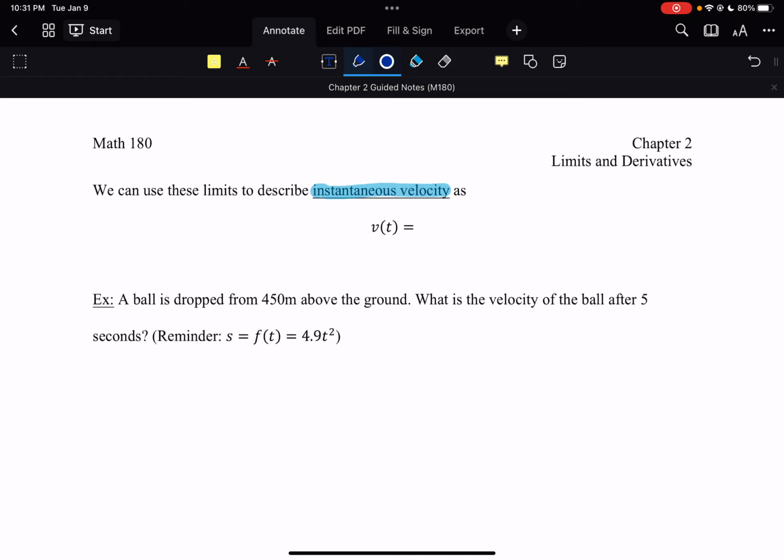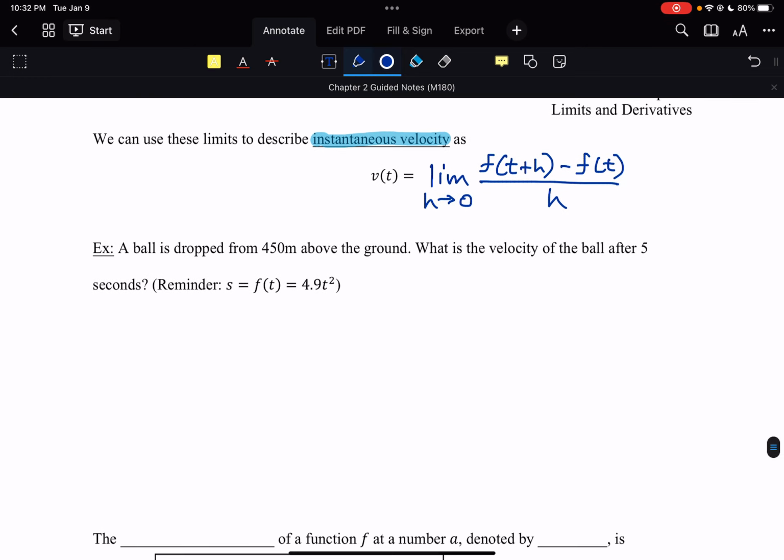So velocity in terms of time can be written as the limit as h approaches 0 of f of t plus h minus f of t, all over h. So again, the same formula, but now just put into a different context.